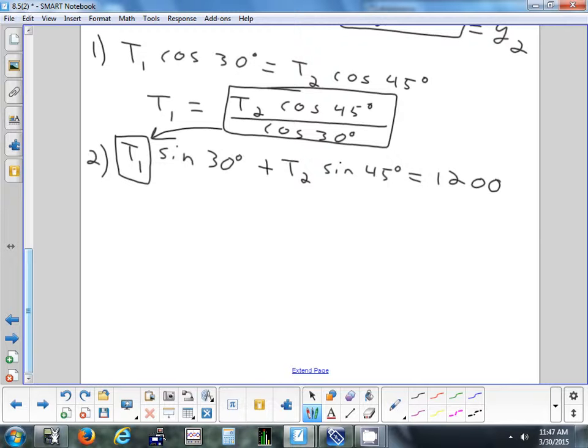So once I fill in for T1, the only letter in that second equation will be T2. So now you'll have one equation with one variable, which hopefully we can solve.